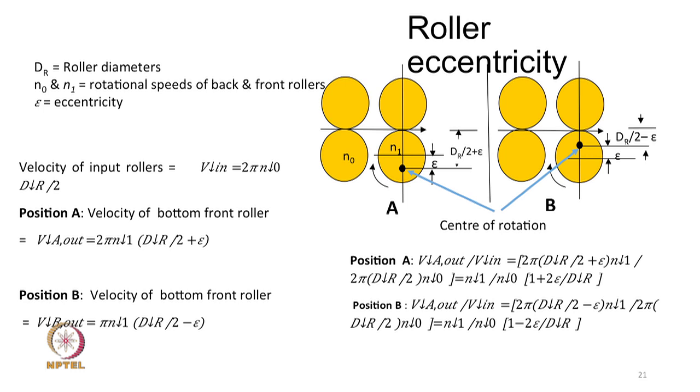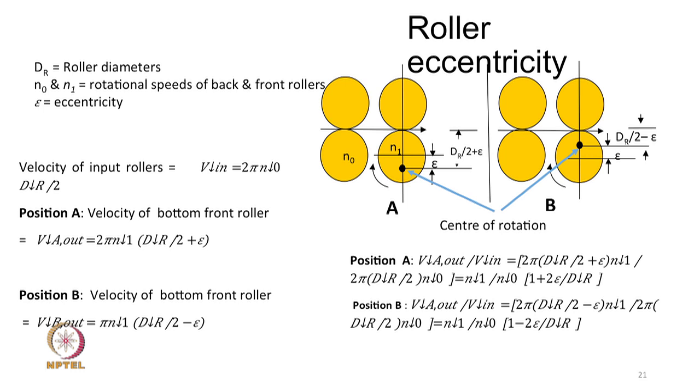Now, what happens if this roller is eccentric in nature? This is basically a manufacturing defect of the roller, or with time it may also happen with such rollers. Let us take a simple case where there is a single drafting zone having 4 pair of rollers, all the rollers are of same diameter, but their speeds are different.